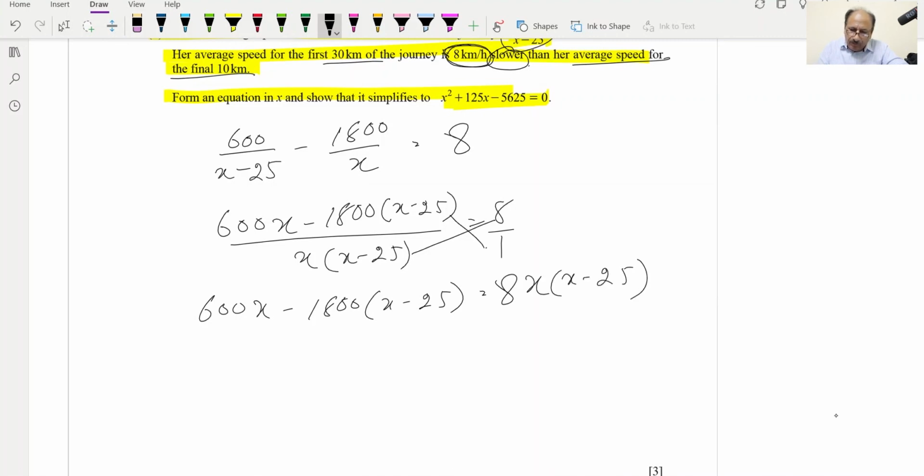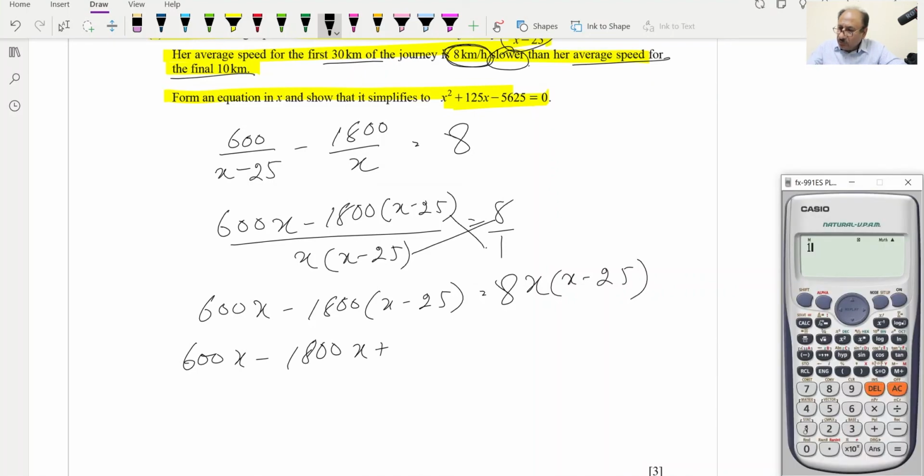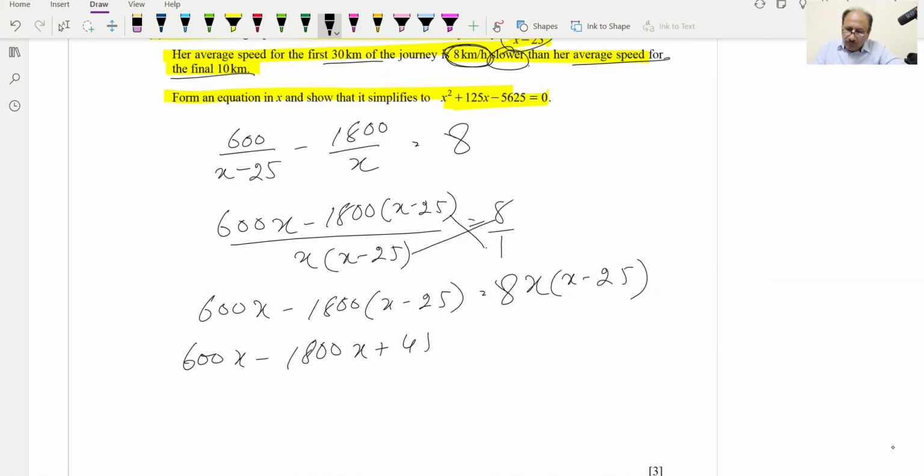Further we can open the brackets, so it will be 600x minus 1800x plus 1800 multiplied by 25, which is equal to 45000.